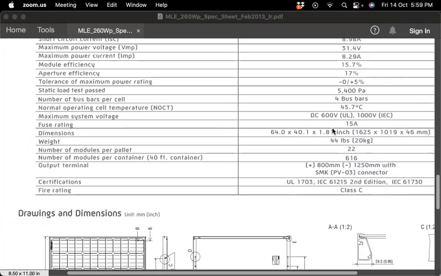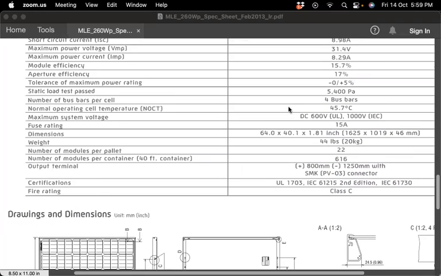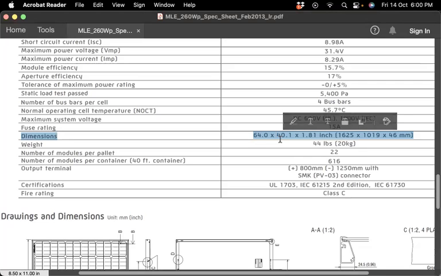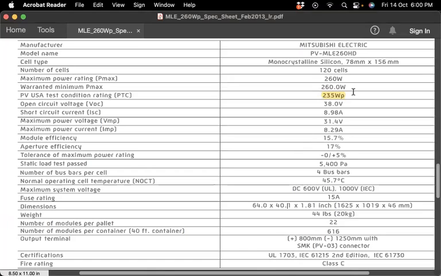Then we have the maximum system voltage. This is related to when you connect series and parallel modules. Maybe we will consider this in the next lecture when we start going into system level. Then fuse ratings, and the dimensions here. As you can see, this is the dimension of the module, and you can easily distinguish between this number and this number.